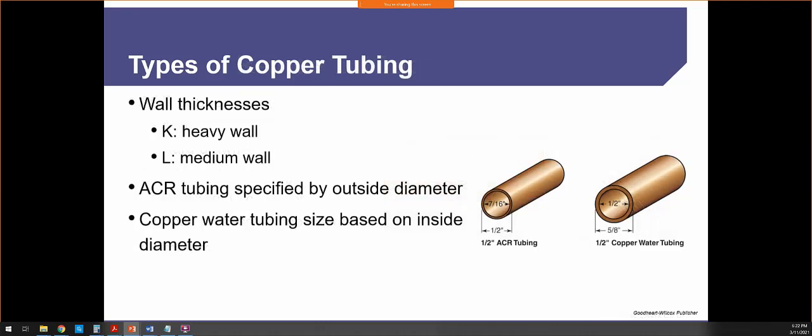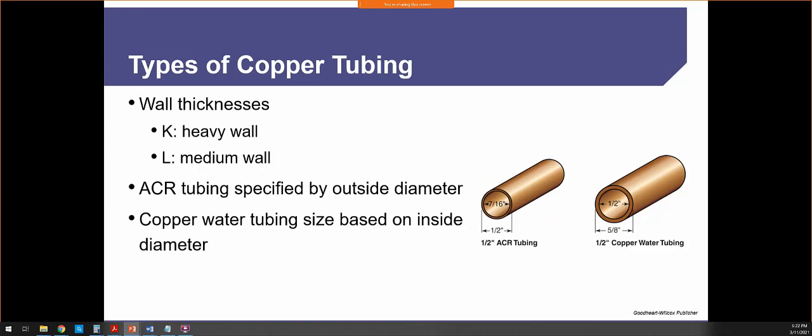So copper tubing does have different wall thicknesses, all right? K is an indicator of a heavy wall, and we also have L, which is medium wall. So when we're talking about doing plumbing lines, we're going to use an L type of copper, okay?